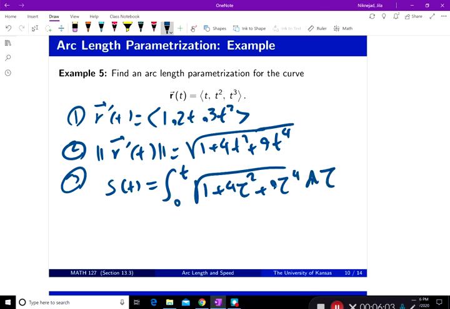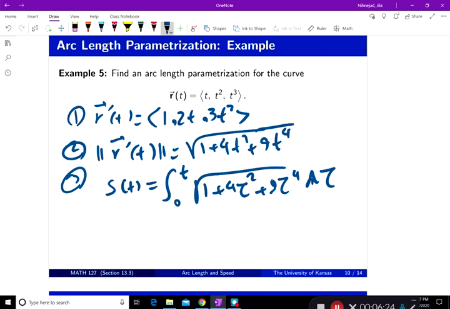Okay. And basically taking that integral, unless you hate yourself, is very difficult. It's very computational, and we don't really want to do this.